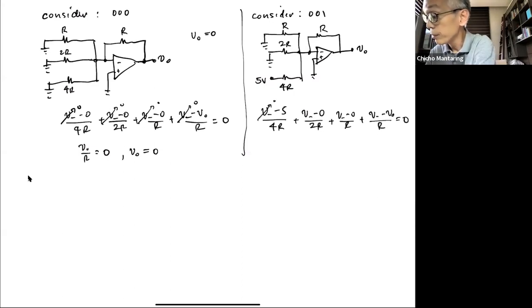Now this is all 0. V minus is equal to 0. These terms here are also 0.